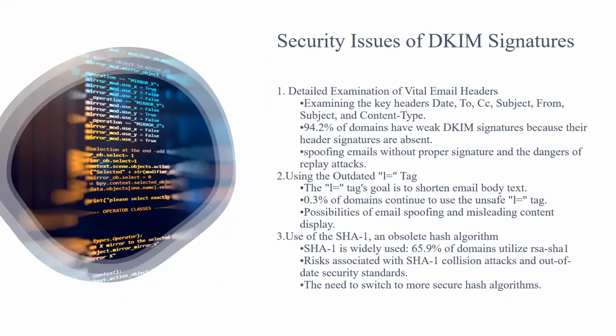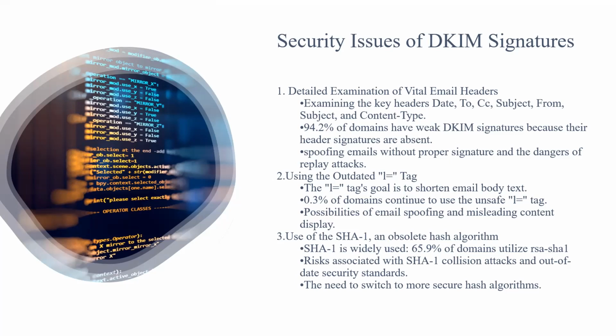As I said earlier, the security issues of the key signatures. The researchers have used 3 procedures for the security issues. That means they have given 3 reasons for the security issues.